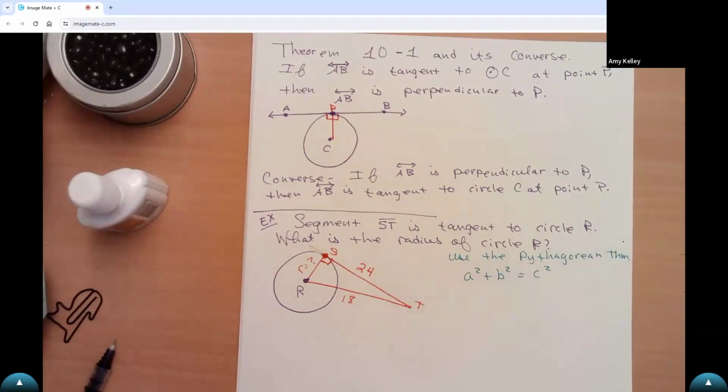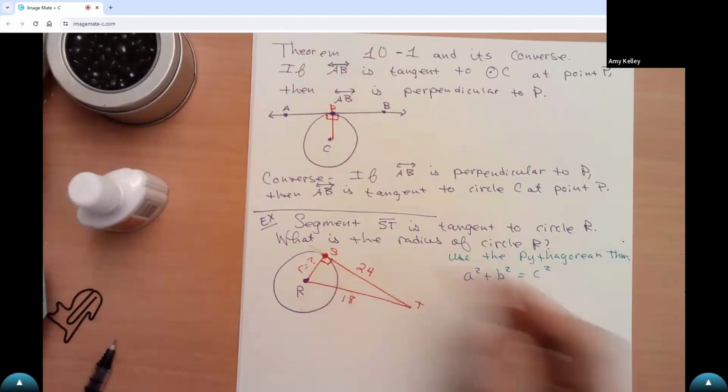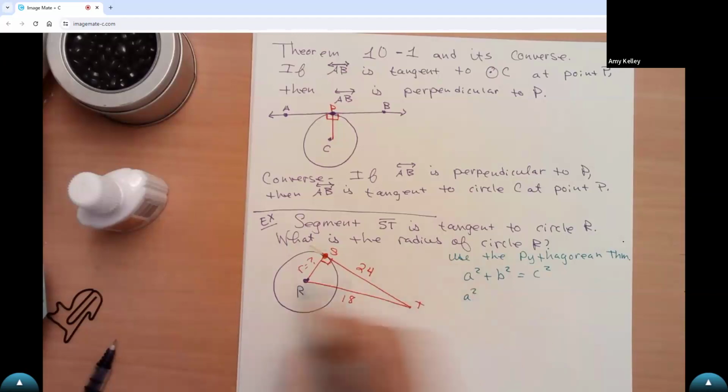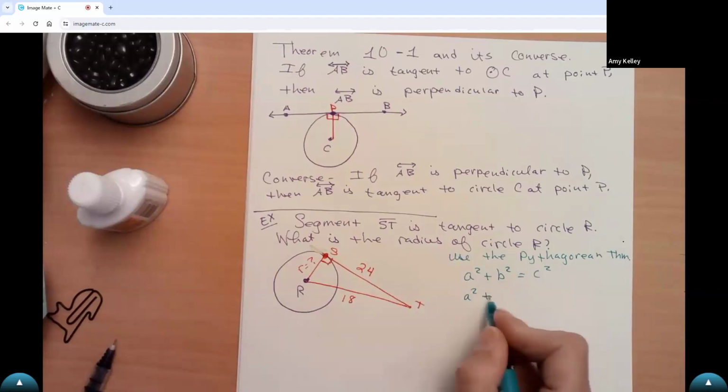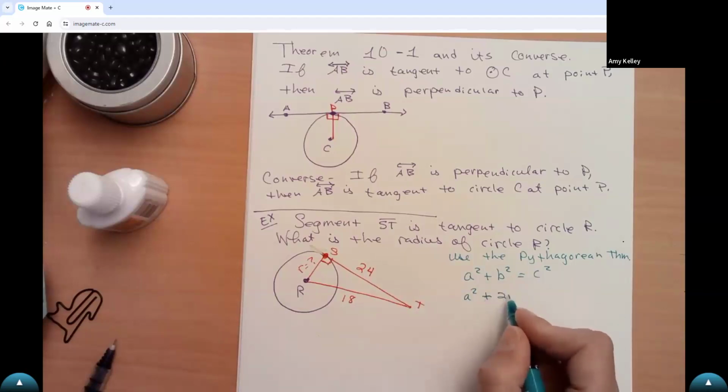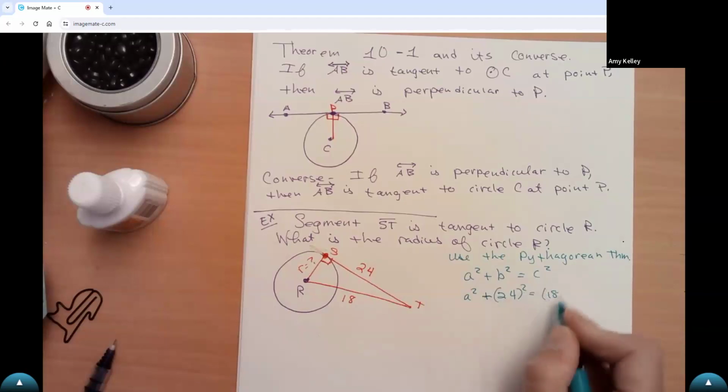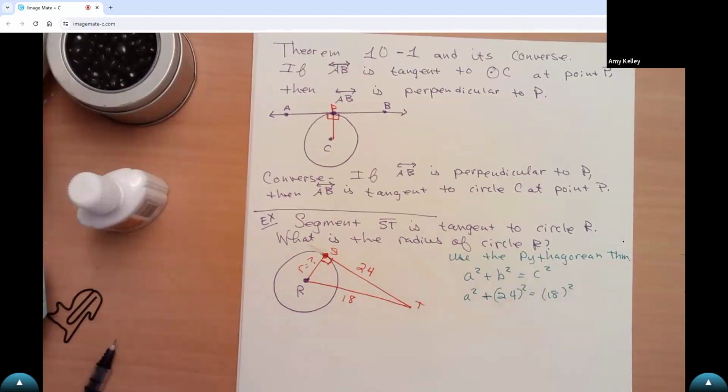All right, so then I'll let the radius be a squared. It doesn't really matter. I can let it be a squared or b squared. What matters is that c squared is always the hypotenuse. All right, so a squared plus 24 squared equals 18 squared.